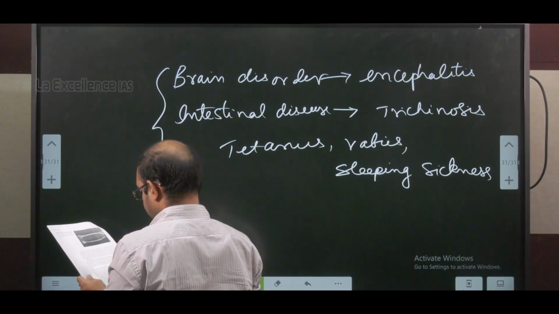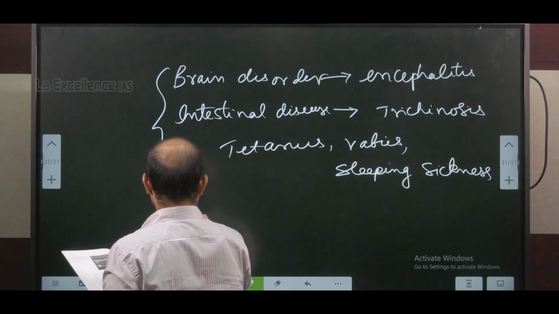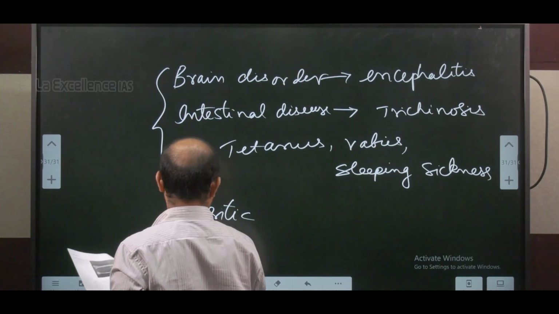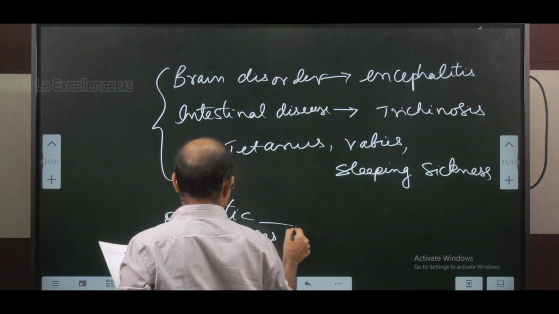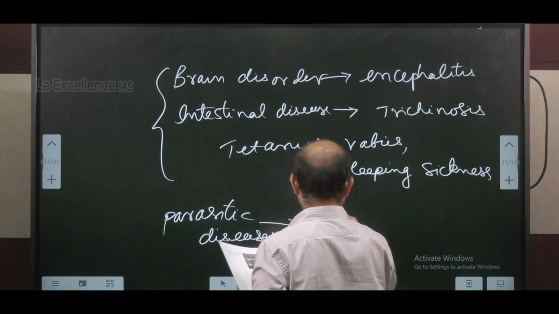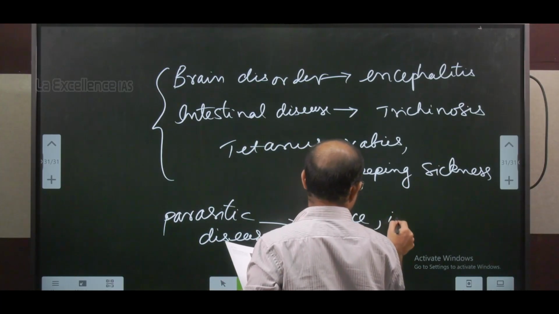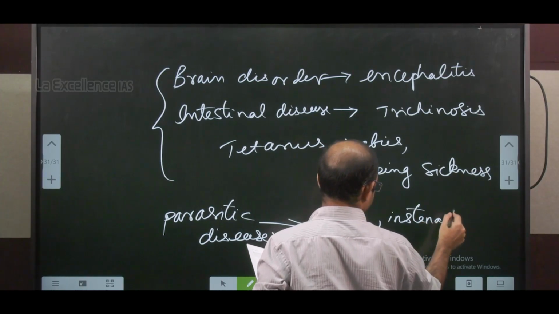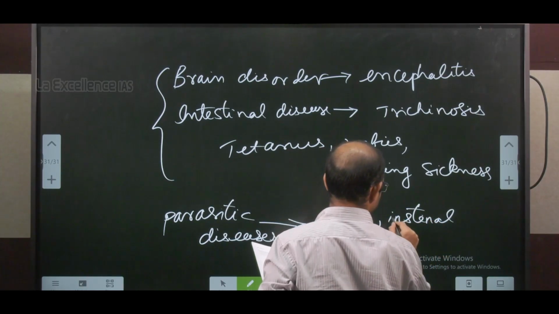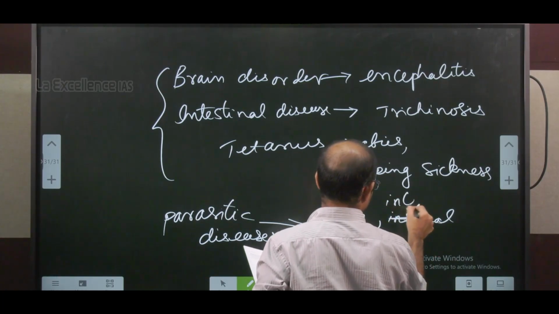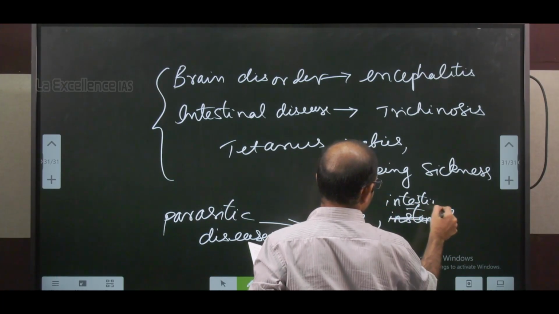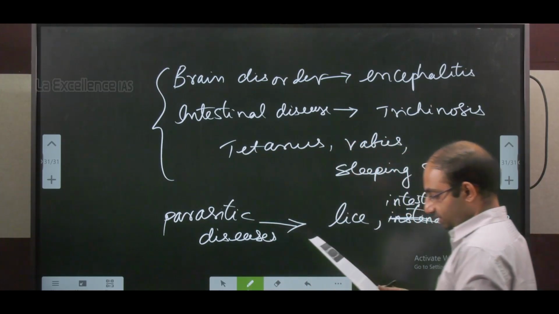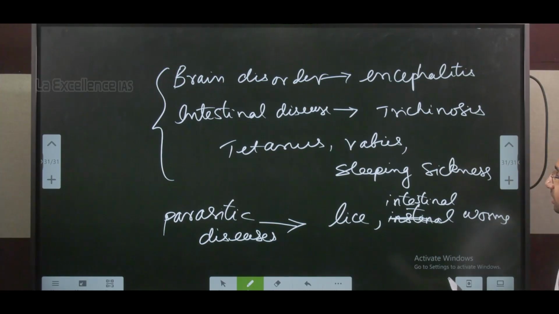Along with this, some parasitic diseases like lice and intestinal worms were also prevalent in the hunting gathering stage.